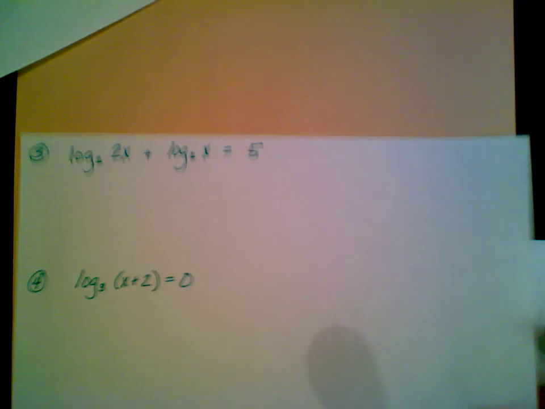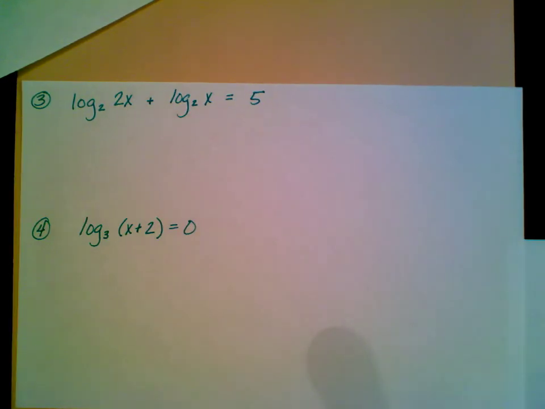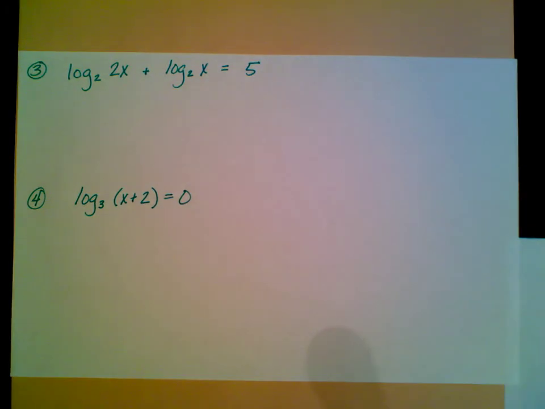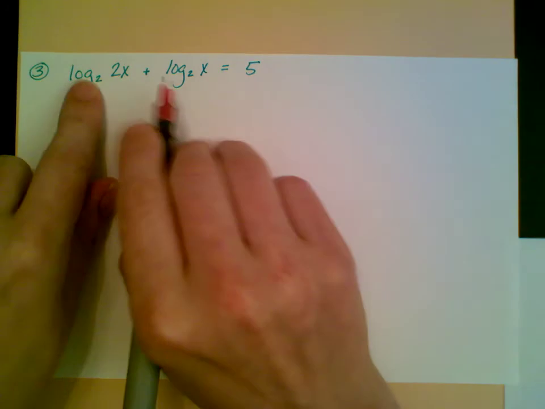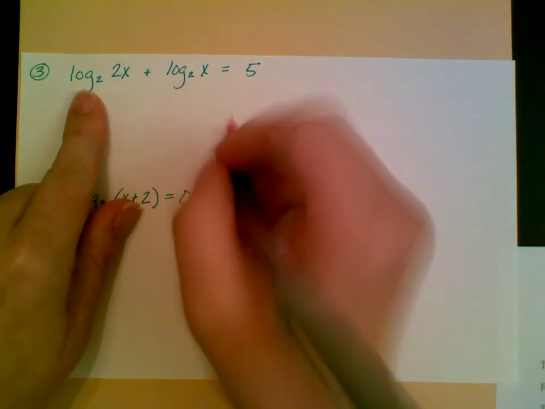Now, let's look at some more. So I've got, in my next one here, log base 2 of 2x plus log base 2 of x is equal to 5. I can combine these two.